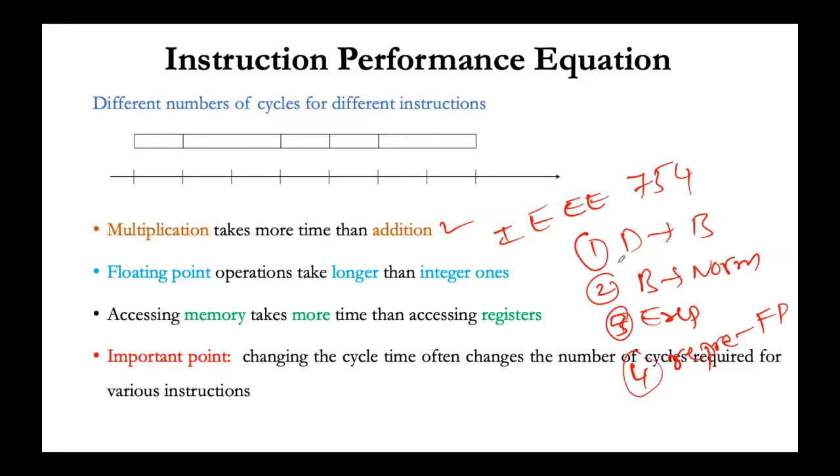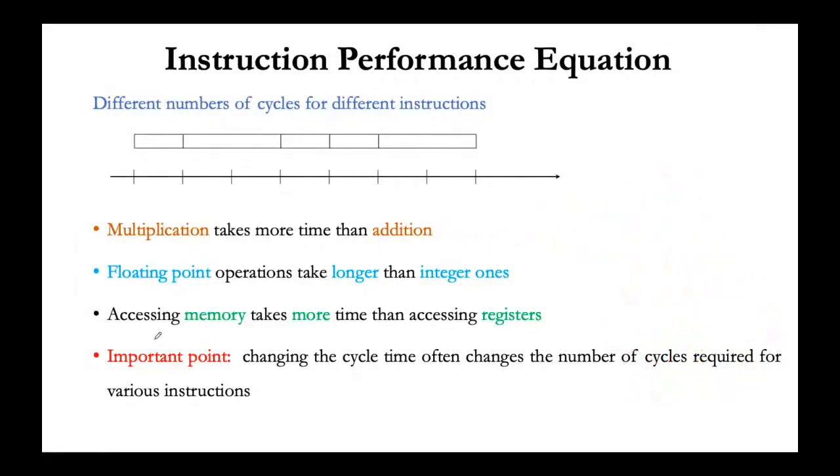But in integer, simply the decimal number is converted into binary. So the number of cycles required for integer is less than the number of cycles required for floating point. Similarly, accessing memory takes more time than accessing a register.